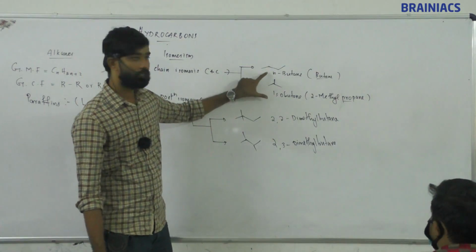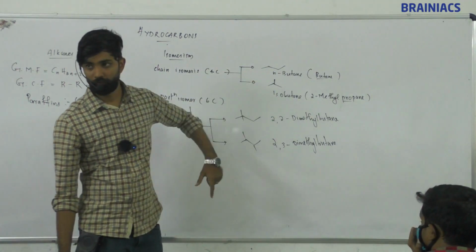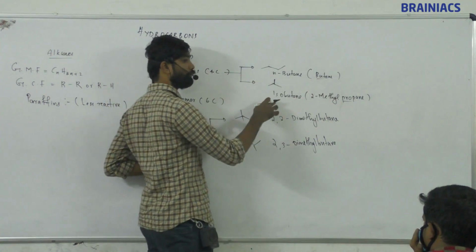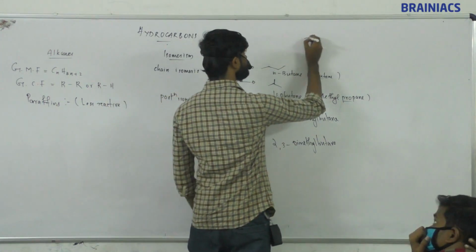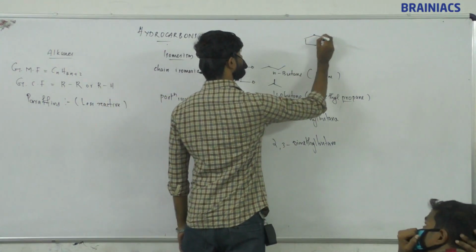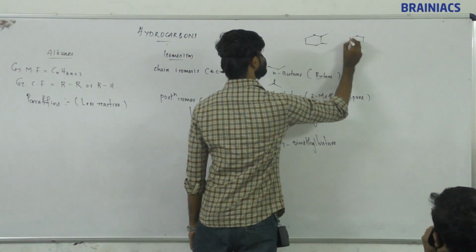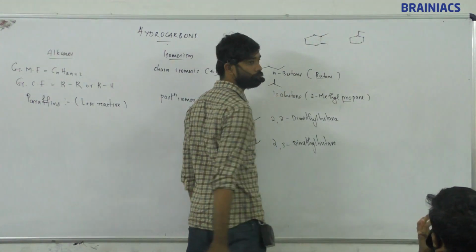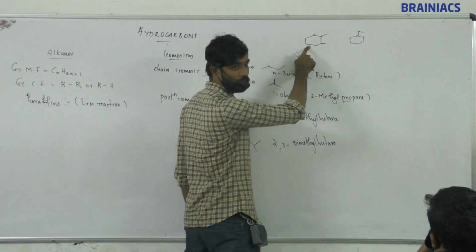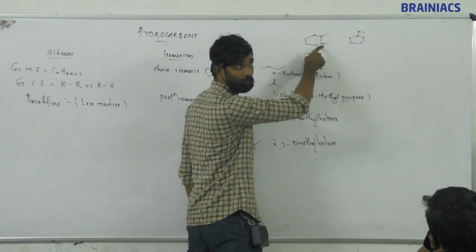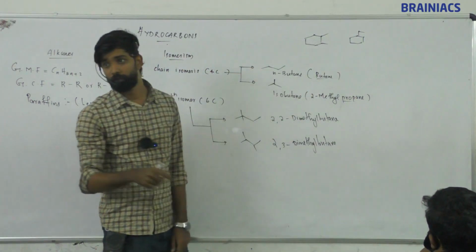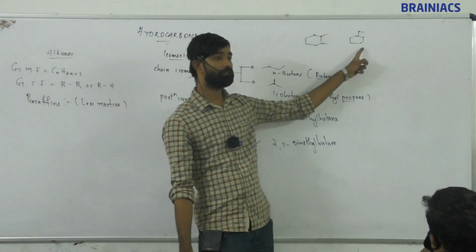Two compounds are said to be chain isomers if their main chain has a difference or the branches have a difference. Listen, these two belong to chain isomers. This is dimethyl cyclohexane, where the main chain is cyclohexane but the branches are dimethyl, and this is ethyl cyclohexane.